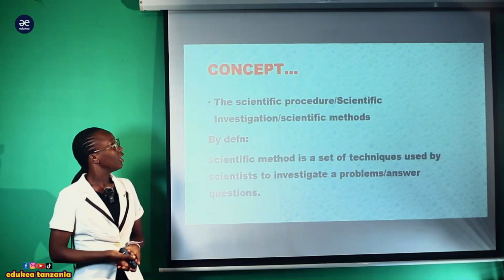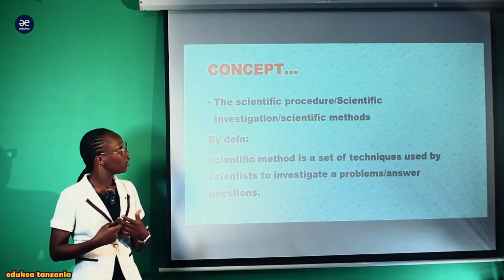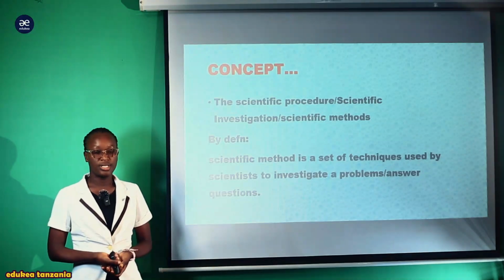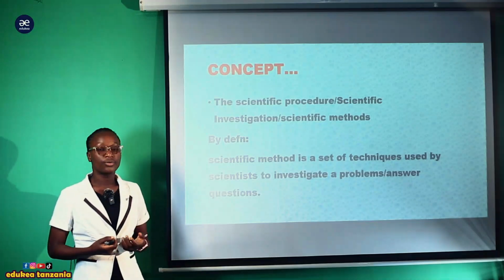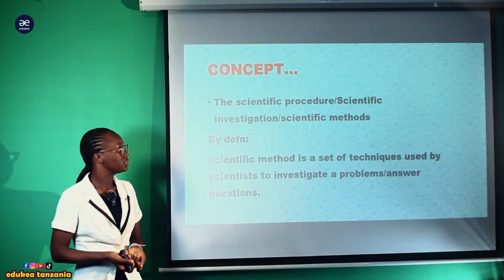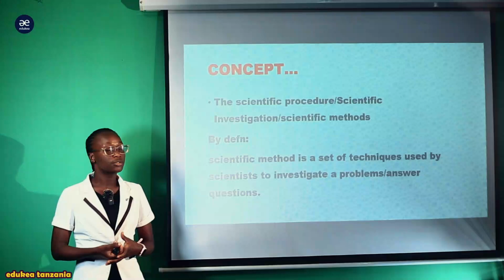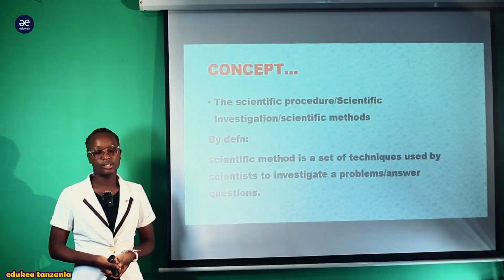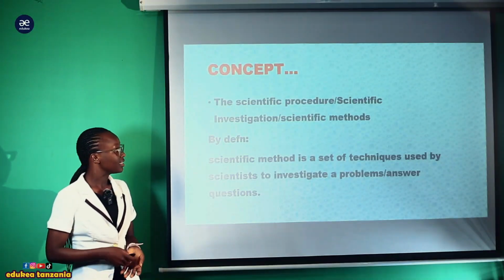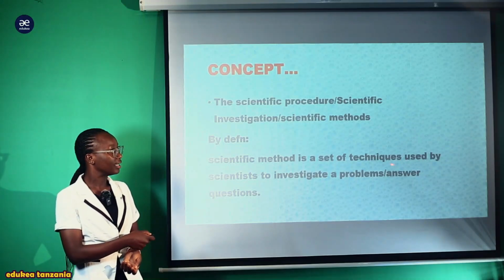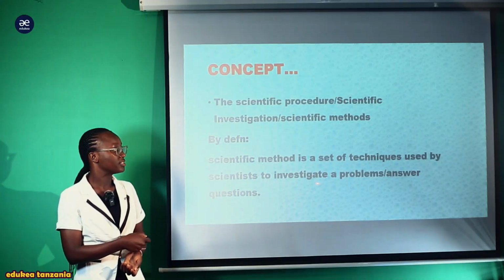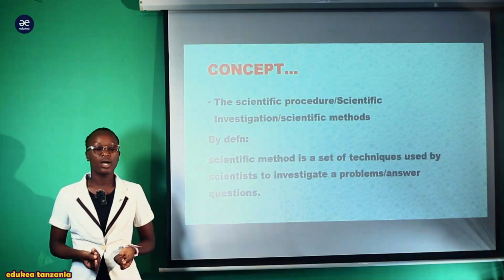Okay, let's start with the concept of this scientific procedure. The scientific procedure is also known as scientific investigation, or sometimes it's also known as scientific methods. By definition, scientific methods is a set of techniques used by scientists to investigate a problem or answer questions.